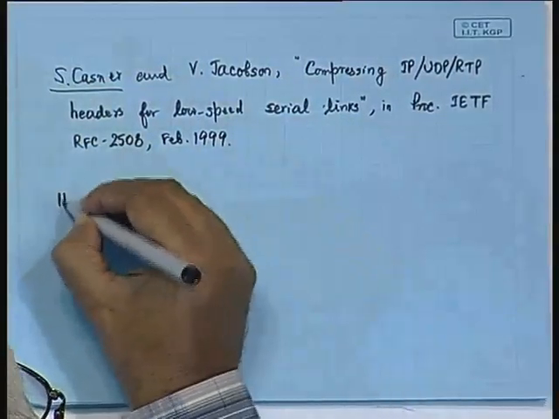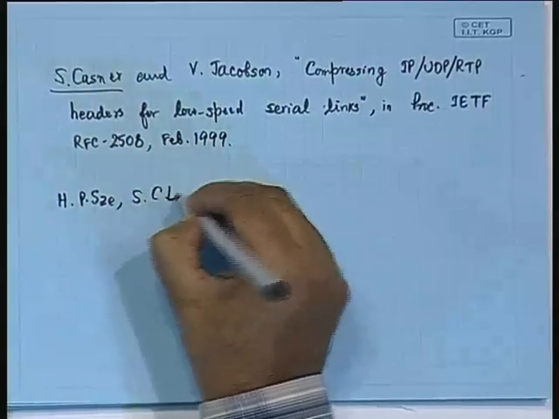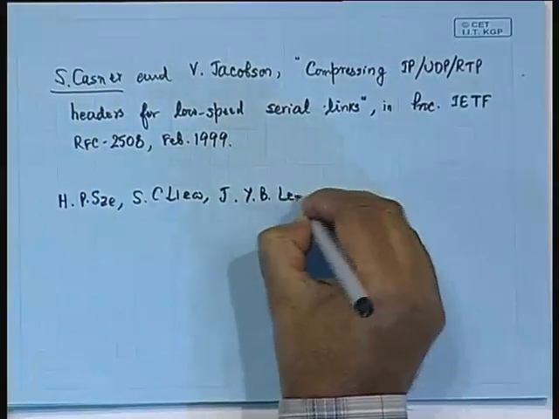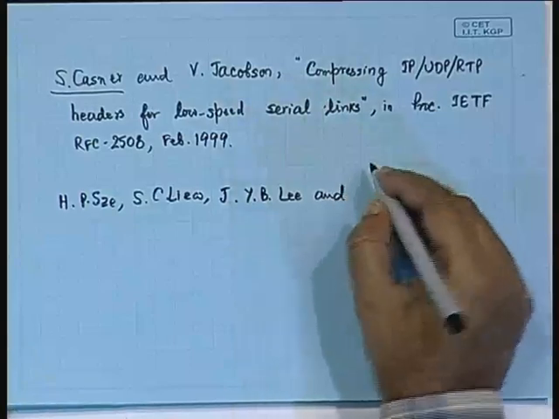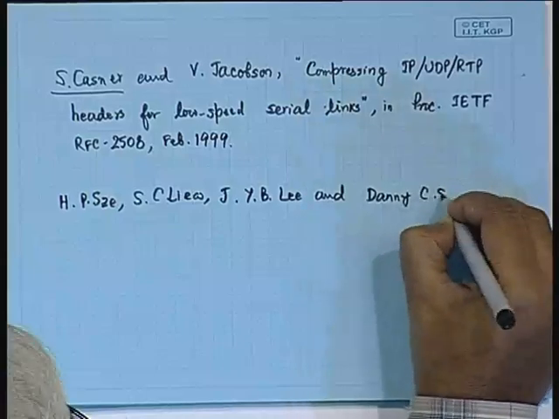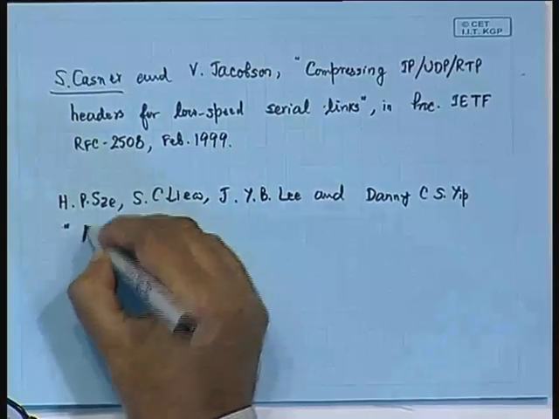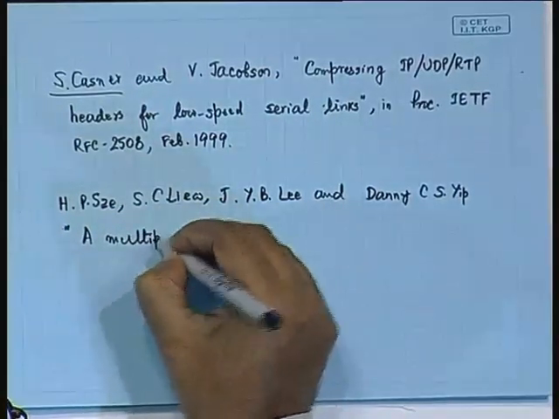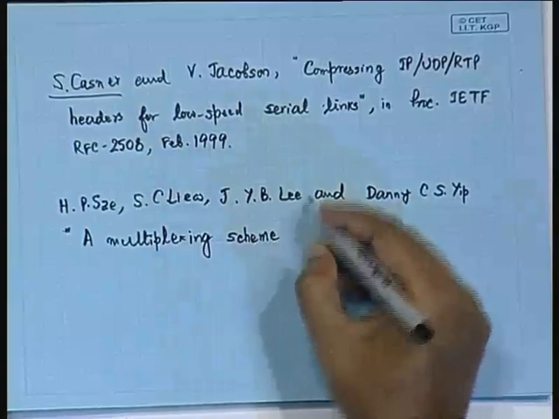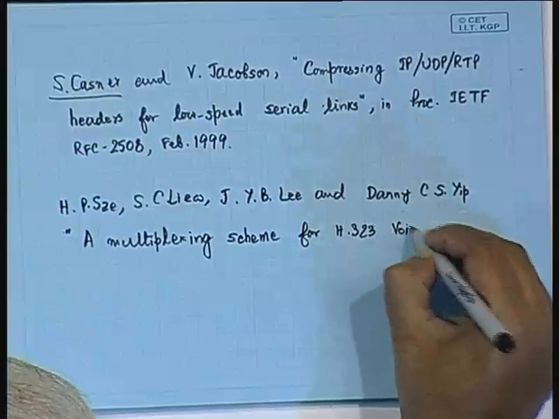This paper is by H.P. Zhe, S.C. Liu, J.Y.B. Lee and Danny C.S. Yip. The title of the paper is A Multiplexing Scheme for H.323 voice over IP applications.